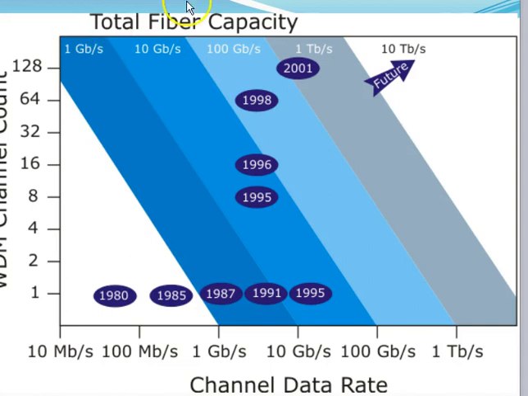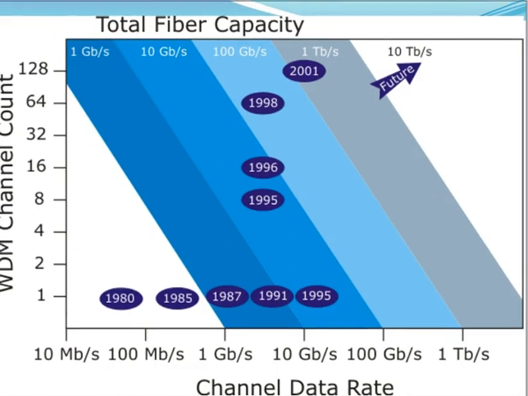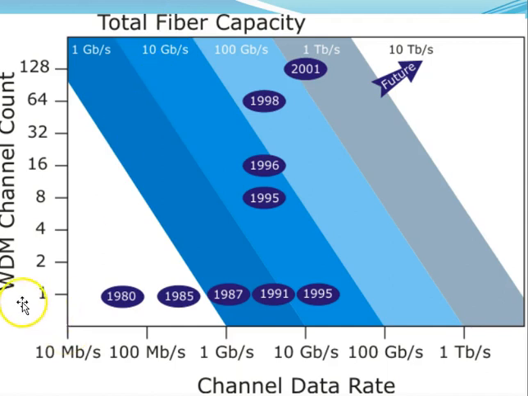Let us look at why we need fiber optics in our optical communication systems. There is a need to have higher bandwidth with higher capacity. It was predicted from 2001 that we would need about 10 terabits per second for our future communications.